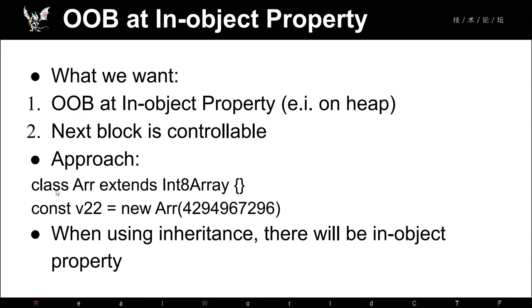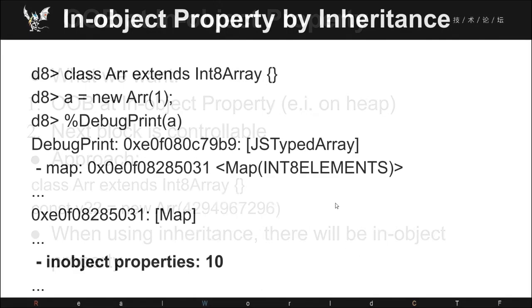We create a class ARR that extends Uint8Array, and use this child class instead of the parent class in the exploit. So when we use inheritance, there will be in-object properties.